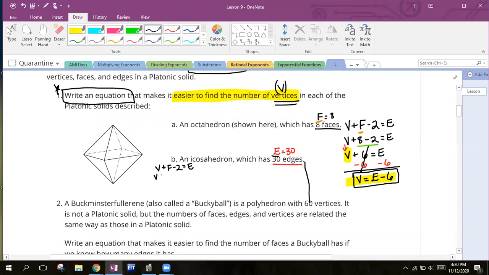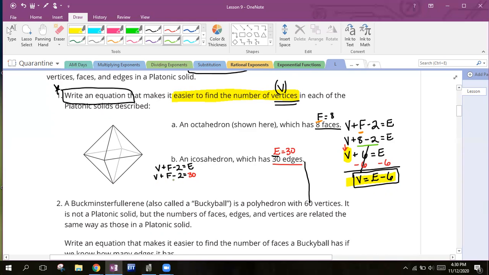So I have V plus F minus 2 equals 30. All right, so is there anything I can simplify before I move on to the next part? Do I have any like terms with V? No. Do I have any like terms with F? No, no other F's.